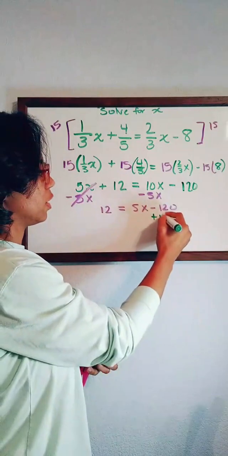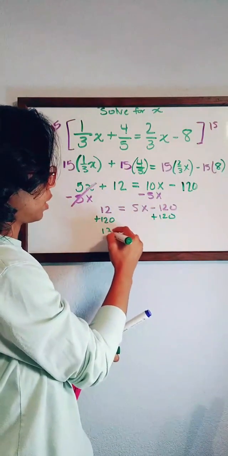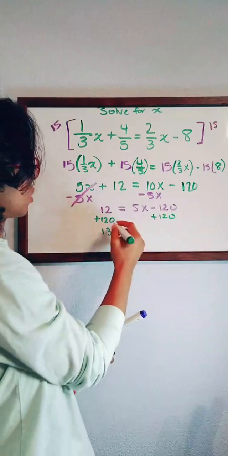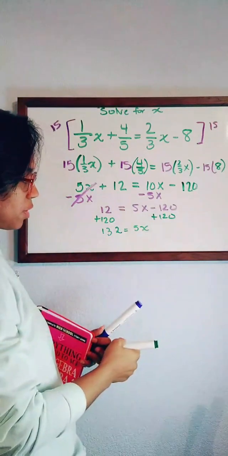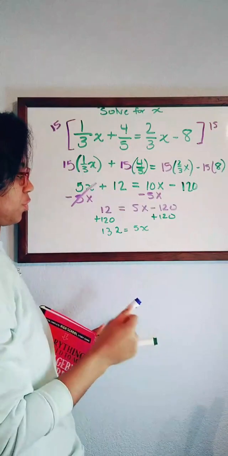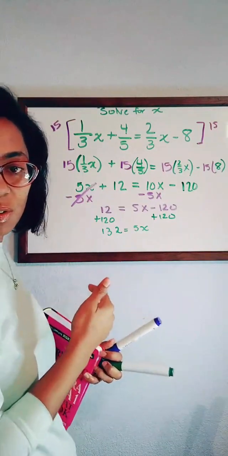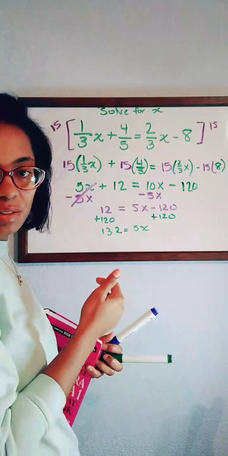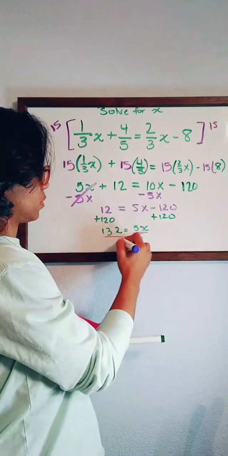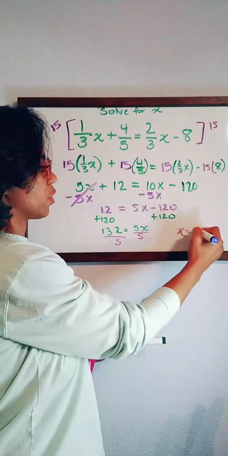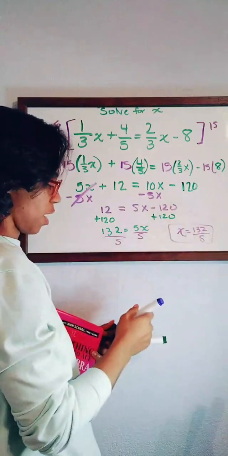Very good. Add the 120 to both sides. Now I'm going to have 132 is equal to 5x. And my last step is to divide by 5. So now we have x is equal to 132 over 5.